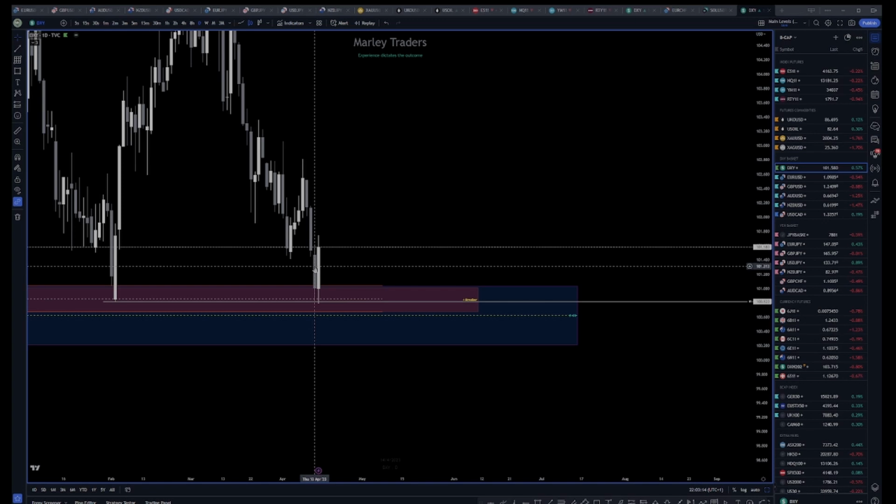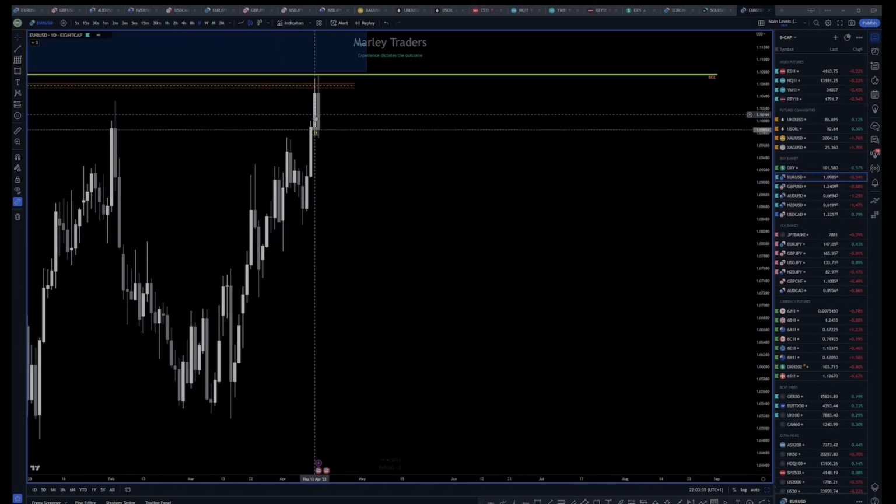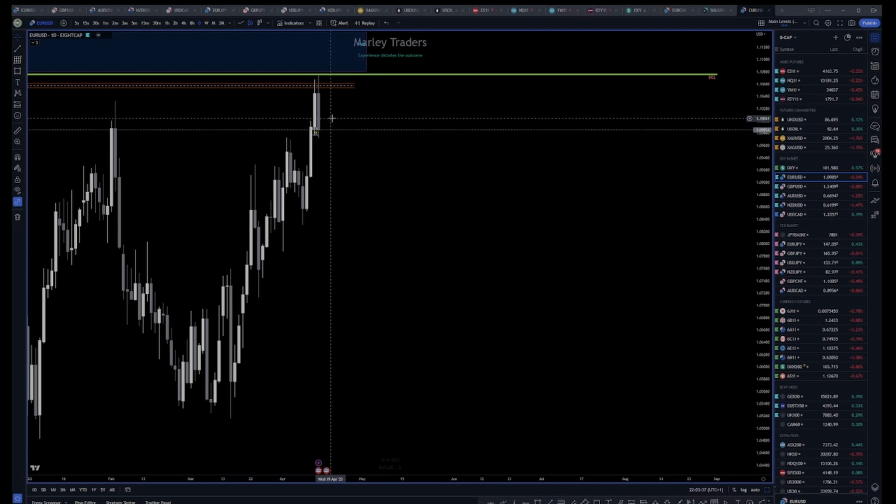On this day, which was Thursday, our bias was that this is going to be a bearish close, in other words, a down close day. And if this is going to be a down close day, 95% of the time this is going to be an up close day because they do the opposite of each other.